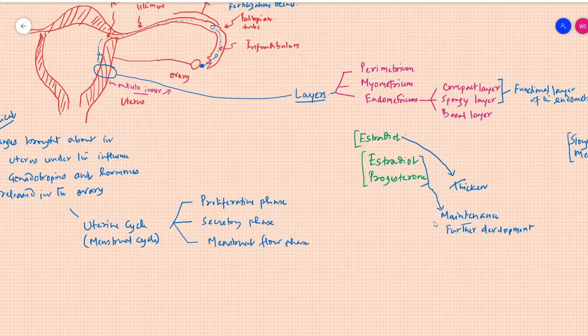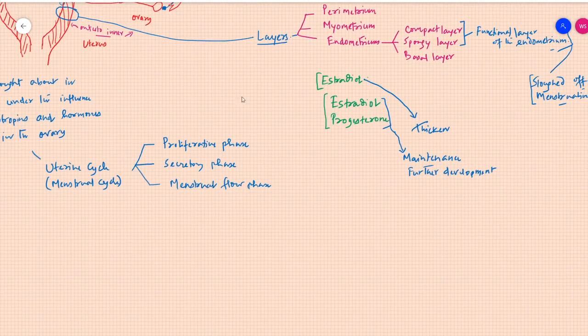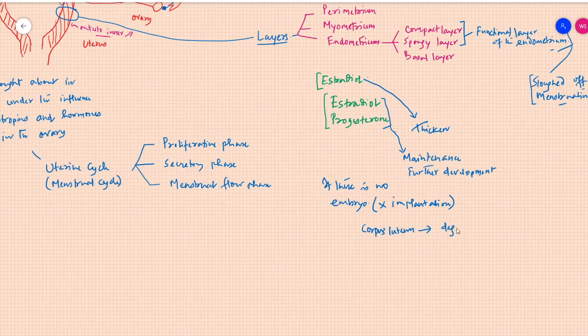Now, if there is no embryo, meaning there is no fertilization, or the embryo has not been implanted, then the corpus luteum will degenerate, meaning it won't produce estrogen or progesterone.